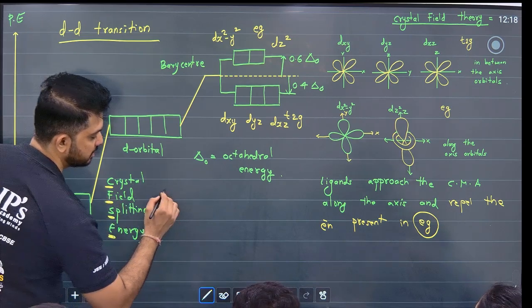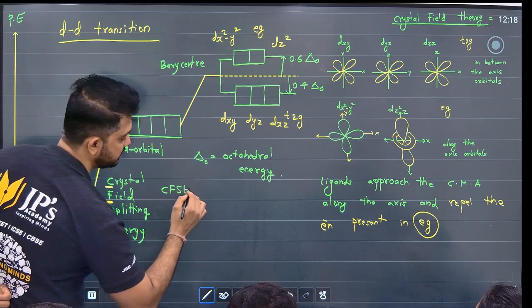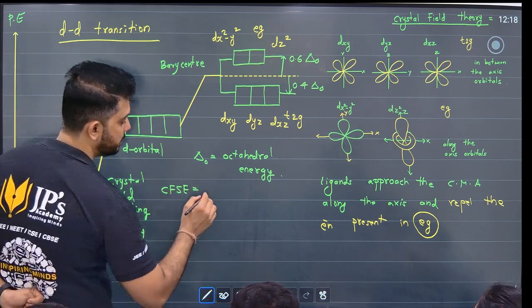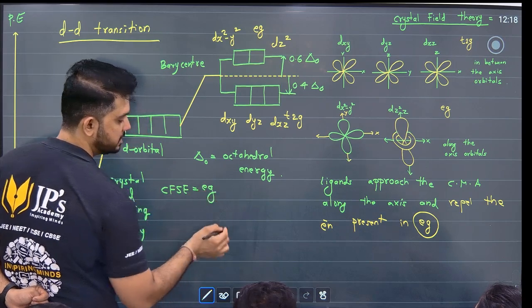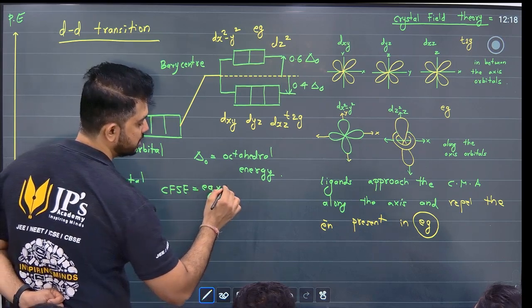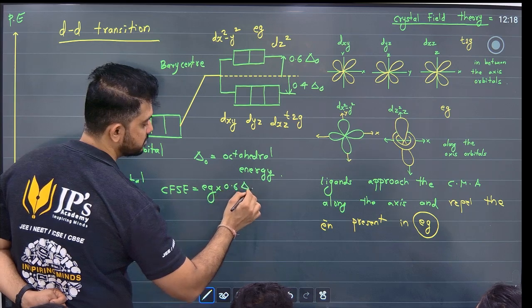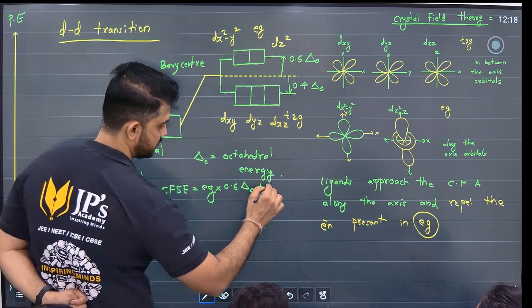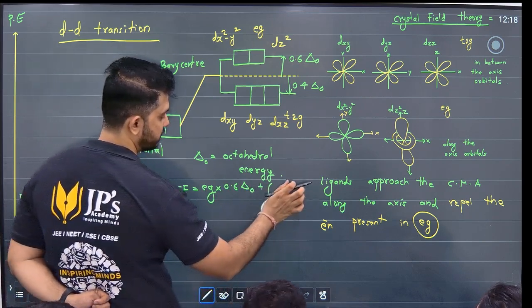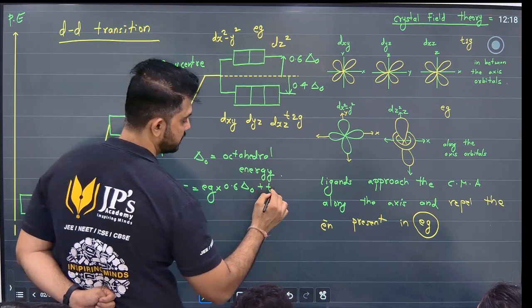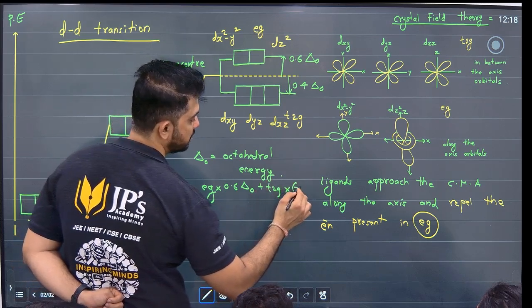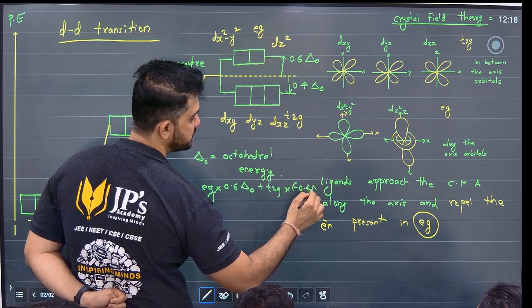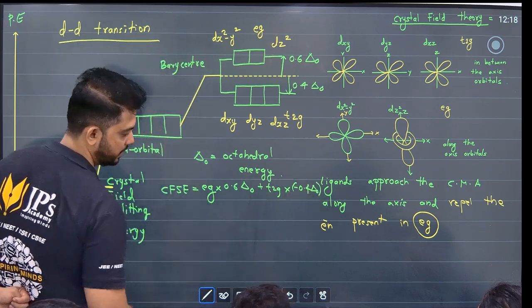We call this CFSE. The crystal field splitting energy is given by number of electrons in EG into 0.6 times delta naught plus number of electrons in T2G into, since it's a drop, minus 0.4 delta naught.